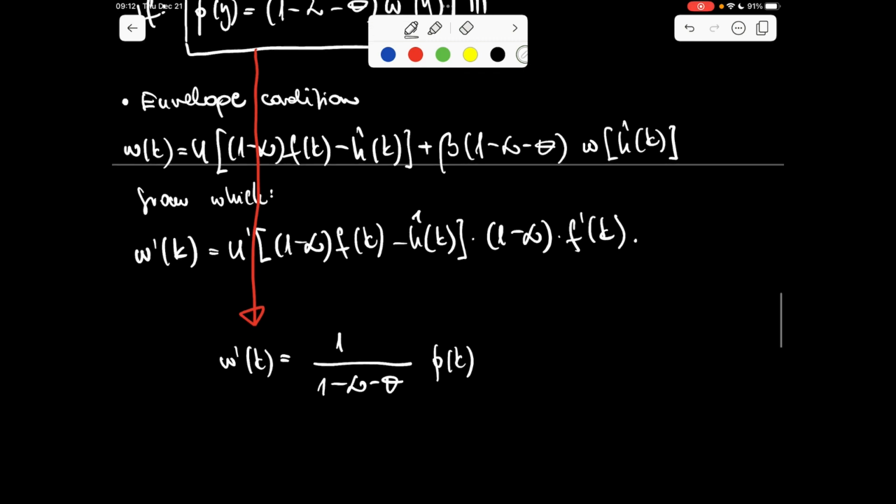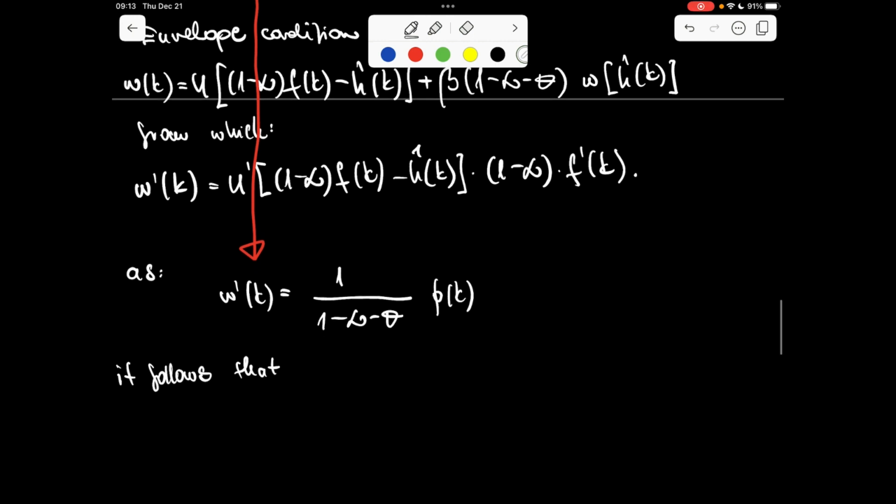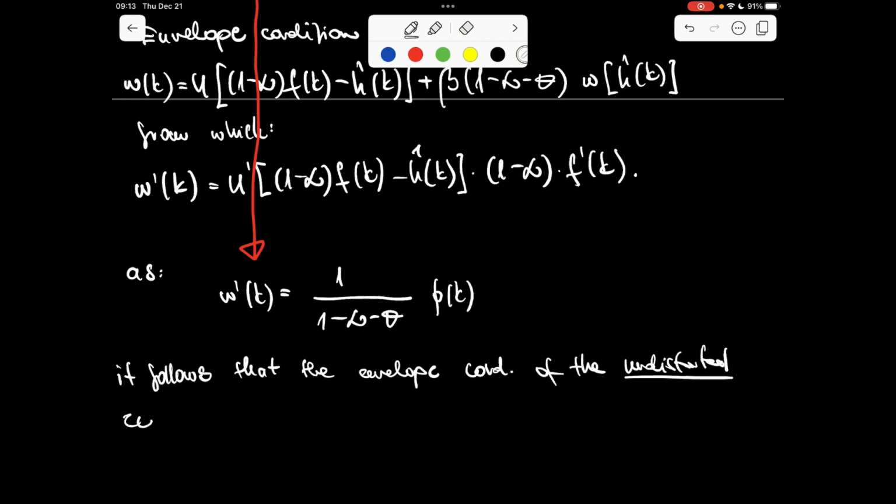So it follows that the envelope condition of the undistorted economy is the following.